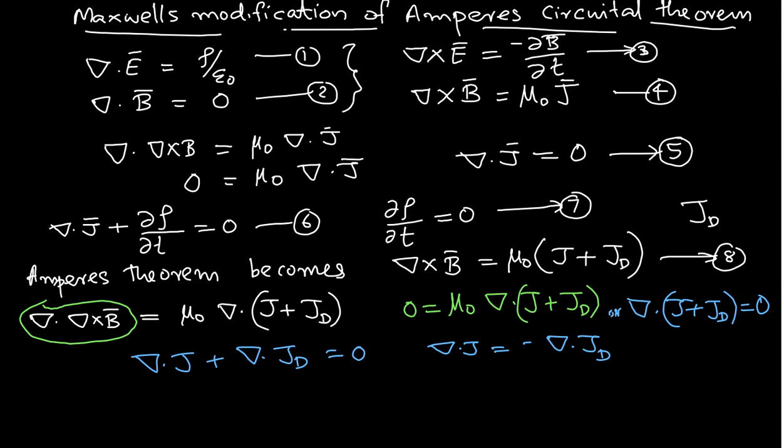From the equation of continuity, del dot J is equal to minus dou rho by dou t.